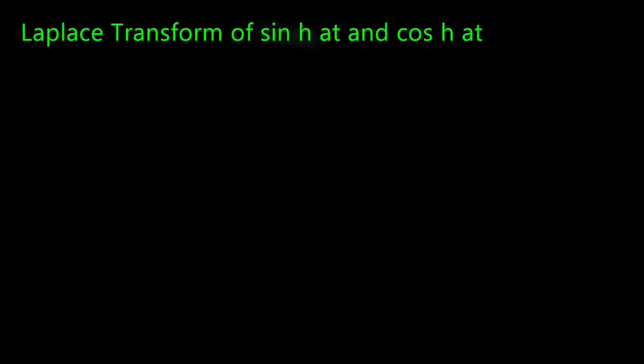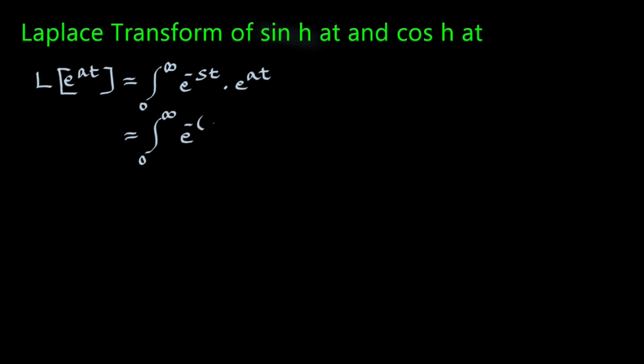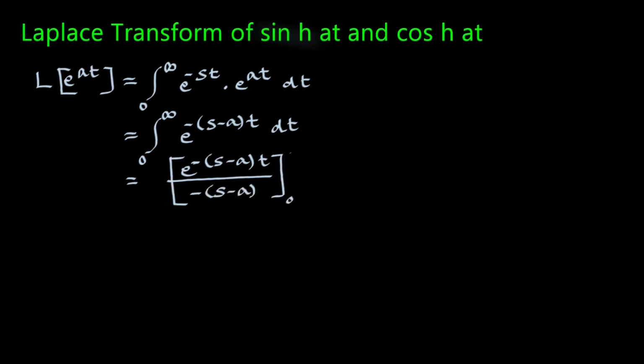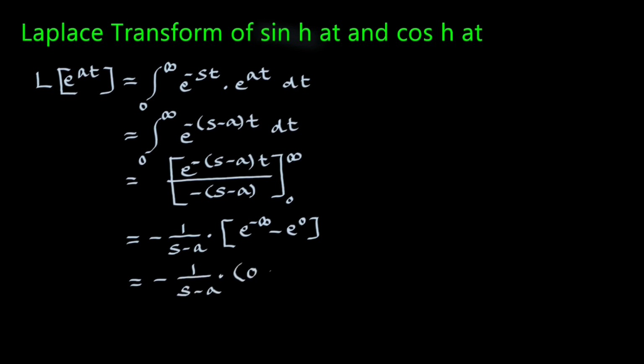But before that, let us find Laplace transform of e raised to at, which will be integral from 0 to infinity e raised to minus st into e raised to at, that will be integral from 0 to infinity of e raised to minus (s minus a)t dt, which is e raised to minus (s minus a)t upon minus (s minus a) from 0 to infinity, which is minus 1 upon (s minus a) into e raised to minus infinity minus e raised to 0, which is minus 1 upon (s minus a) into 0 minus 1.